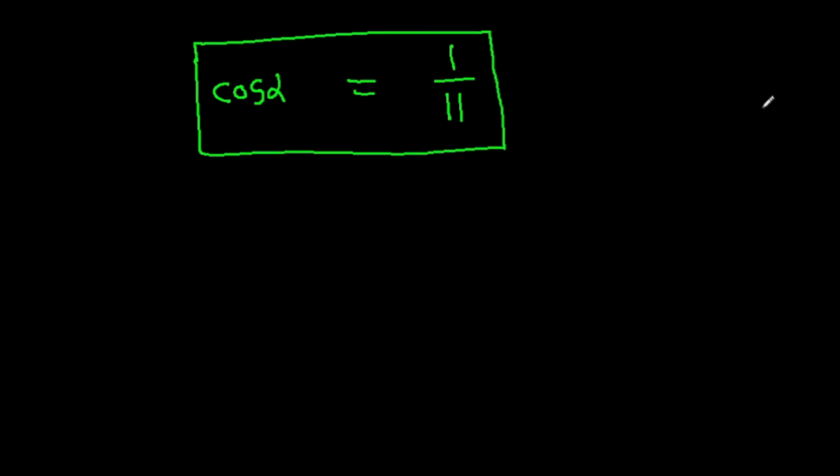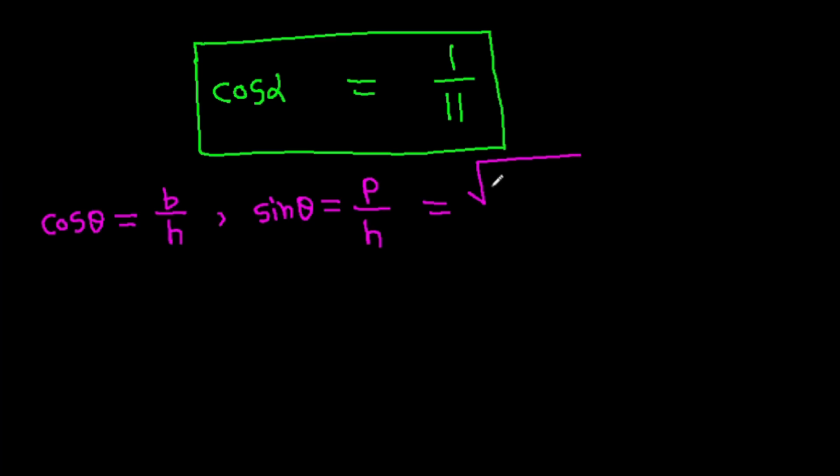and we know that cos theta is base over hypotenuse, and sin theta is perpendicular over hypotenuse, and the perpendicular will be root under h square minus b square, over h.